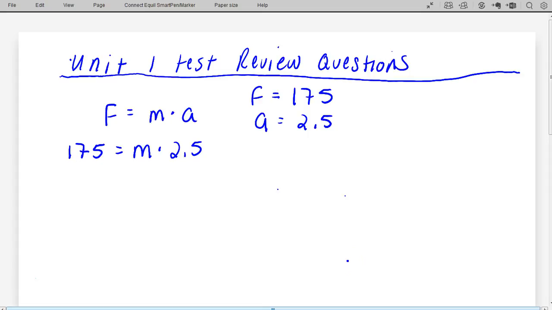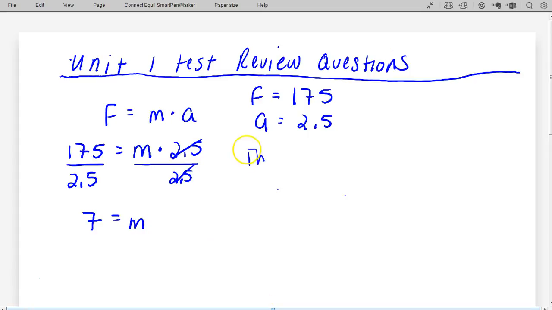Okay. The inverse of times is divide. So we're going to divide by 2.5 on this side. What you do to one side, you have to do to the other. So 175 divided by 2.5 gives us, this cancels. Well, it doesn't cancel, it becomes 1, and 1 times m is just m. 175 divided by 2.5 is 7 equals the mass.